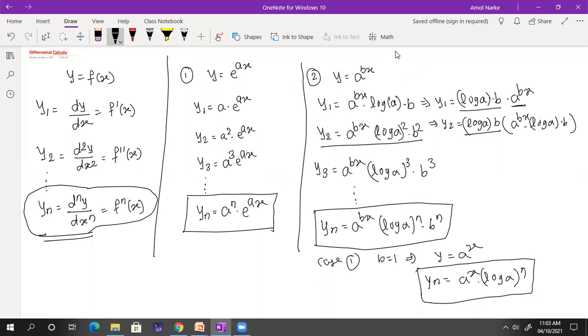And here you can use the special case. Here you can substitute a is equal to 5, 6, 7, anything. You will get your nth derivative directly. So you need to remember this formula all the time. This formula gives the nth derivative of a particular function. If you are done with this, then tell me.